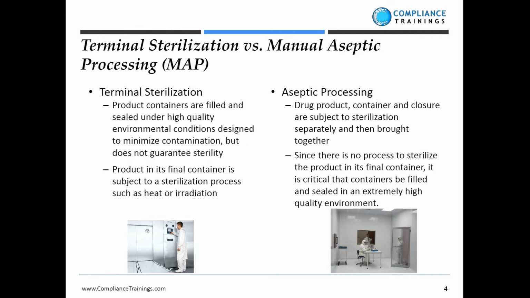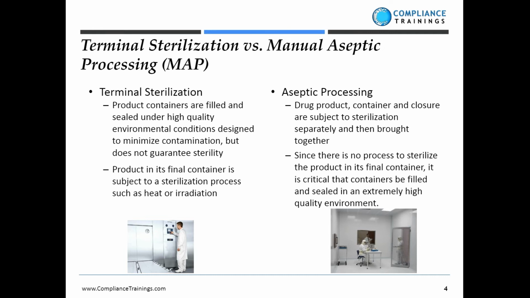Now, aseptic processing is a little bit different. We have a lot of different manufacturing steps happening by themselves. So we have the drug product, container, and enclosure. They're all subject to separate sterilization, and then they're brought together to form the final product.